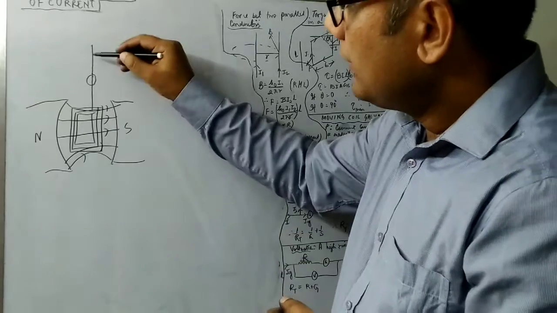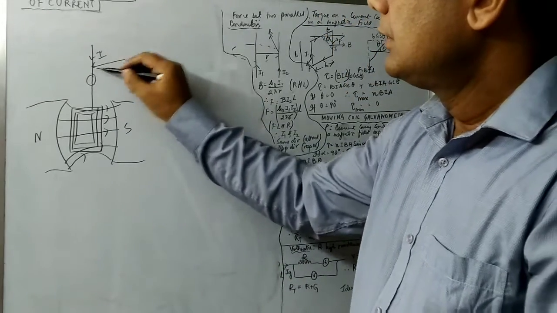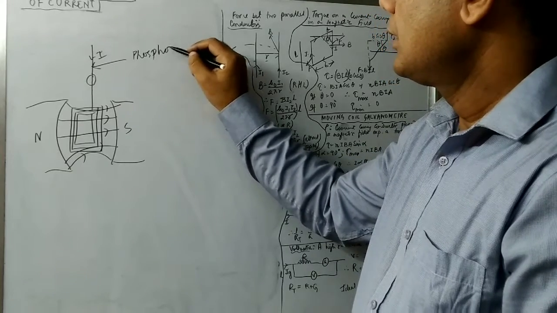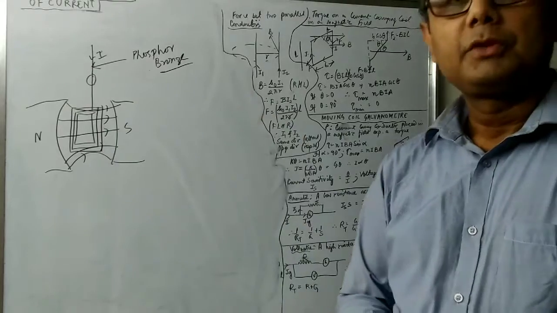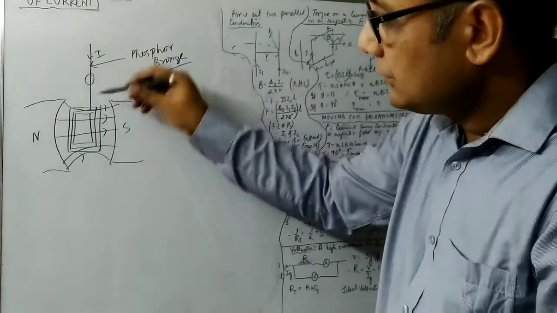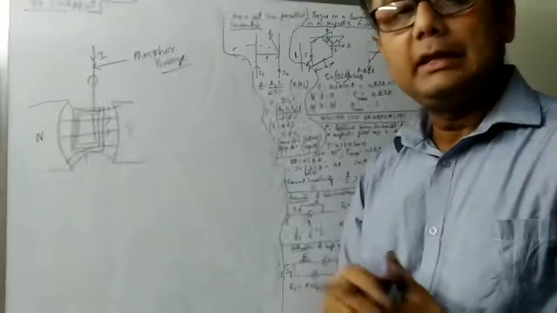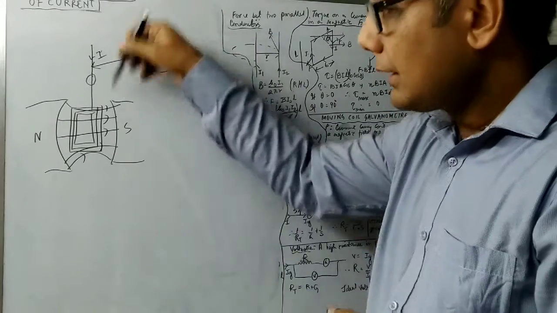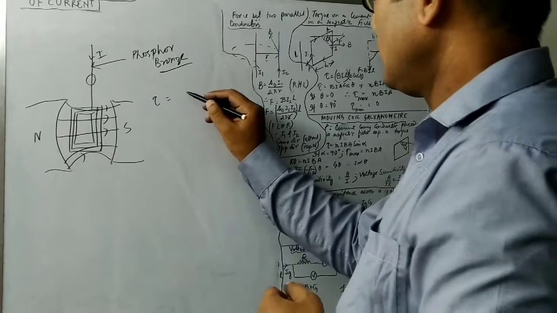So what happens when I pass current through this coil? This wire is made up of phosphor bronze. The current flows through the coil, and the coil has an area. Just now we learned that there will be a torque acting on it.